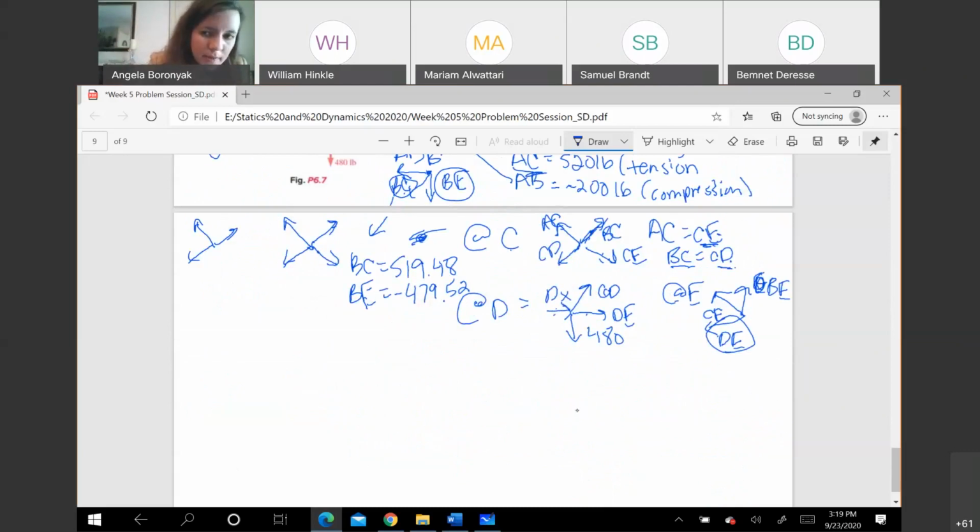So we got BE. We then got that CD had to equal BE. So CD was also 519.48. And CE had to equal BC. Did I write that one correctly? That one was also 519.48.